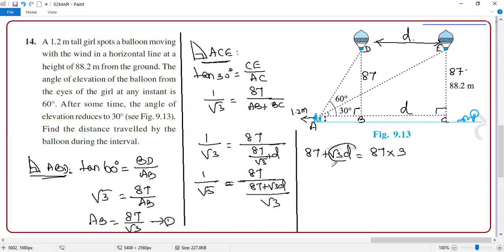Now keeping D this side, move 87 to that side. 87 into 3 is what? Quickly, guys. How 3 is coming? This root 3 and this root 3, so finally 3. What is the answer? 87 into 3.